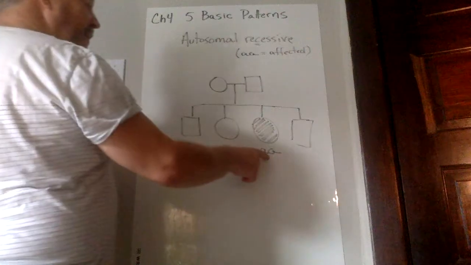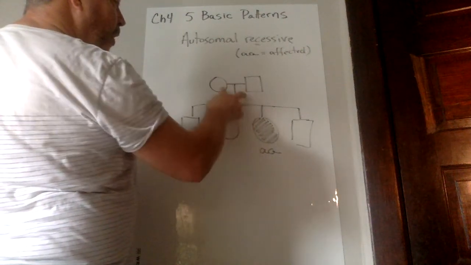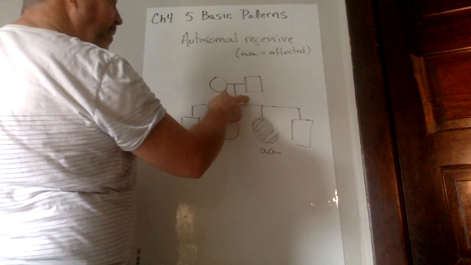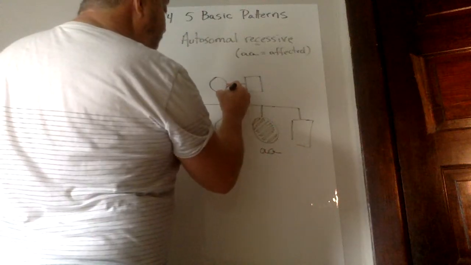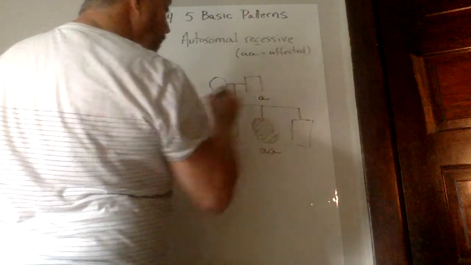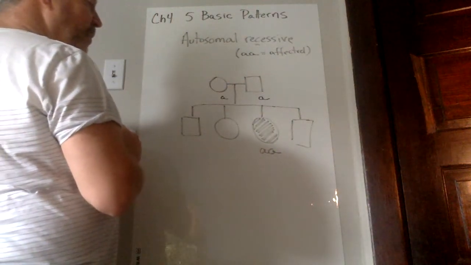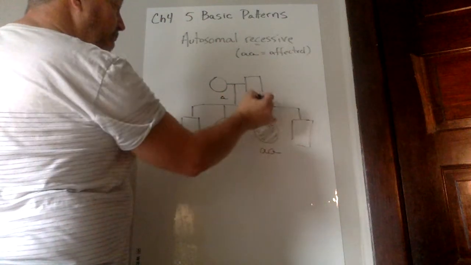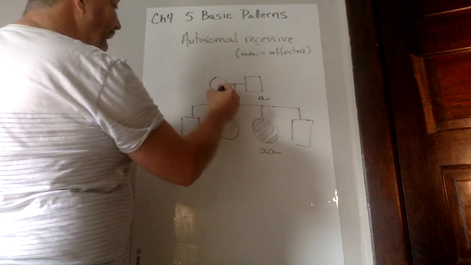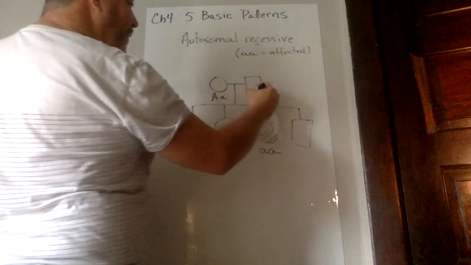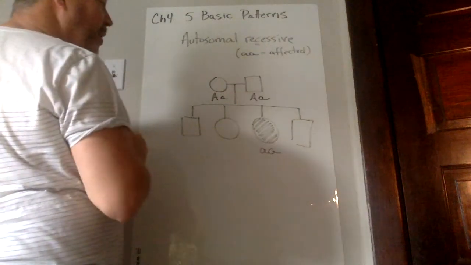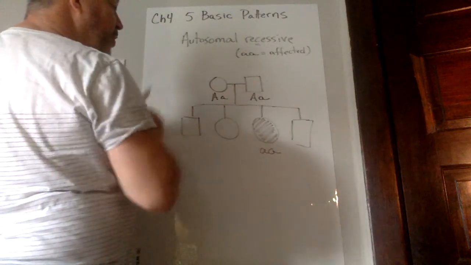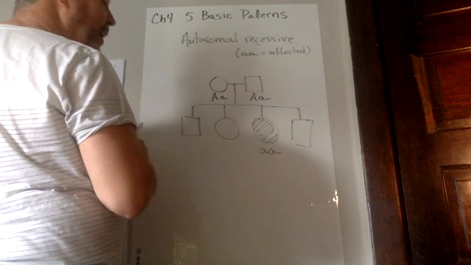But if you have an individual arising from two unaffected people, you know that each of these individuals had to have given at least one of those traits. So dad contributed one, mom contributed one, but dad doesn't show it, so he also has to have a dominant trait. Mom doesn't show it, so she must also have a dominant allele.